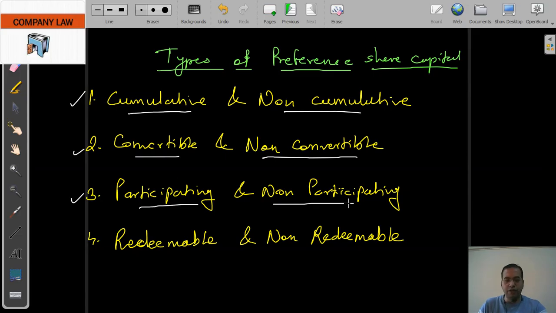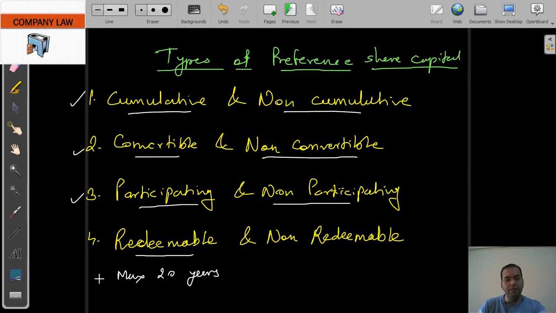As per section 55, preference shares shall be redeemed within a period not exceeding 20 years. So there is a maximum period mentioned for redemption purposes. What can be the maximum redemption period? Maximum it can be 20 years, and that is for all cases.